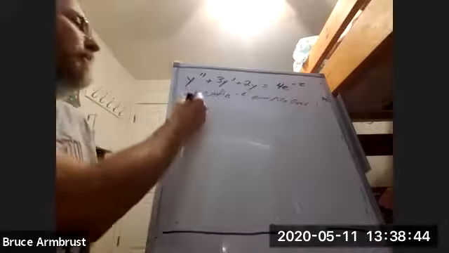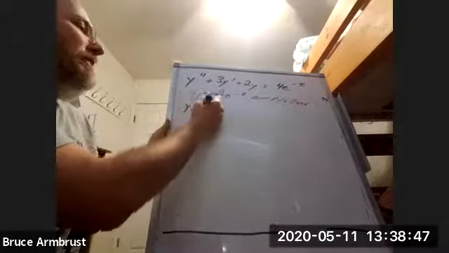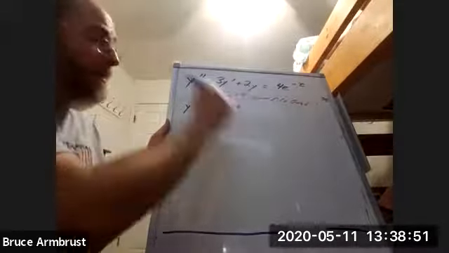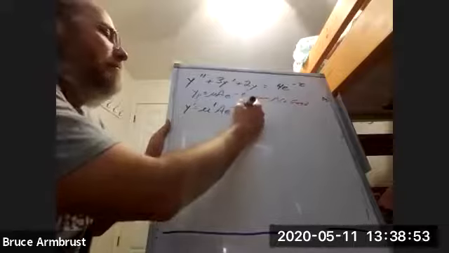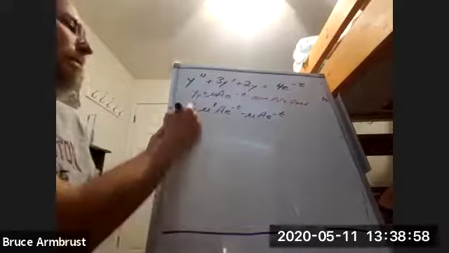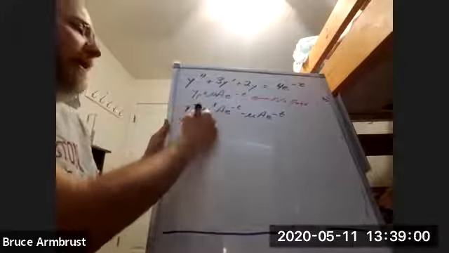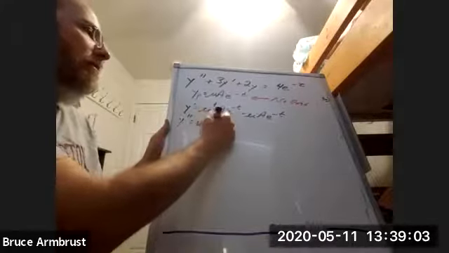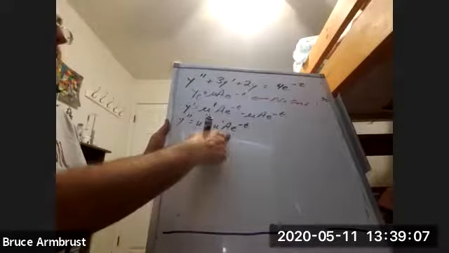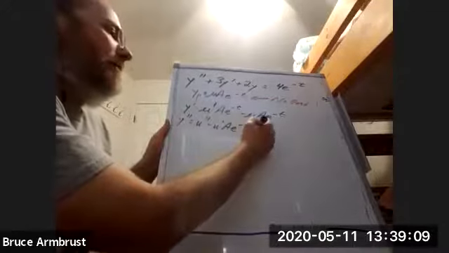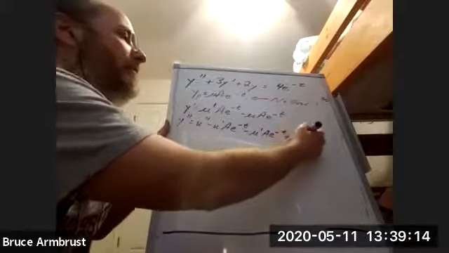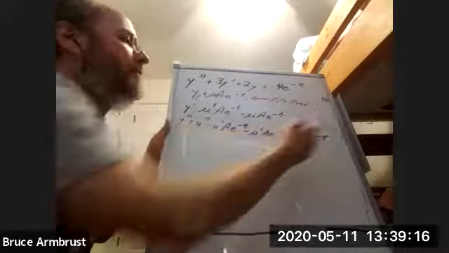So we're going to get y prime is equal to mu prime a e to the minus t, and then minus mu a e to the minus t. And then y double prime, again, I got to use the product rule. So on the first piece, and then the second piece, I'm going to get another mu prime a e to the minus t, and then plus mu a e to the minus t.